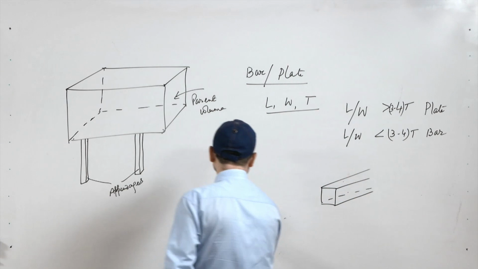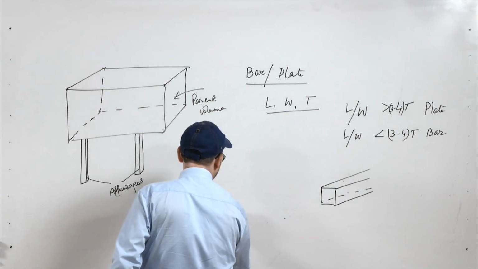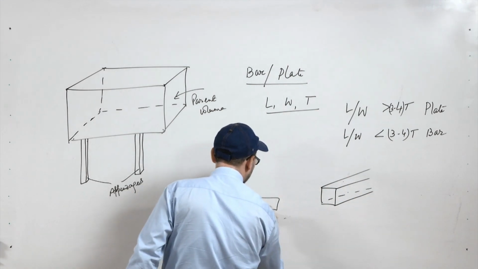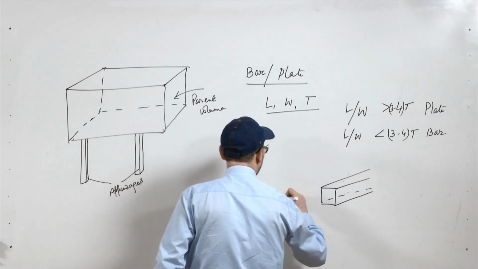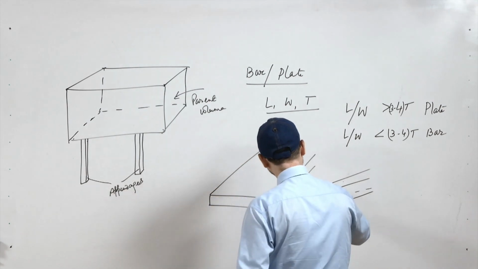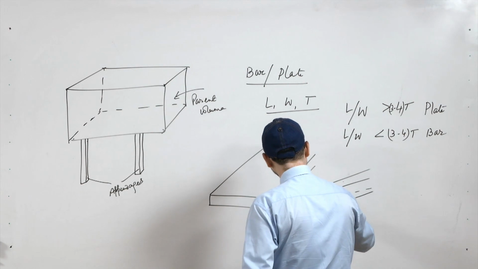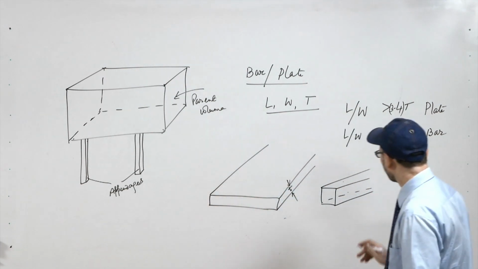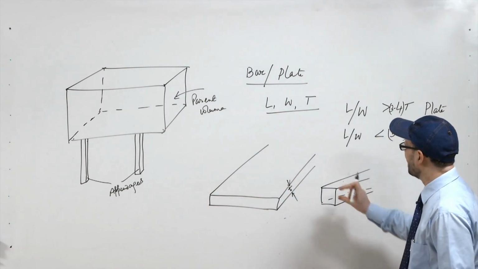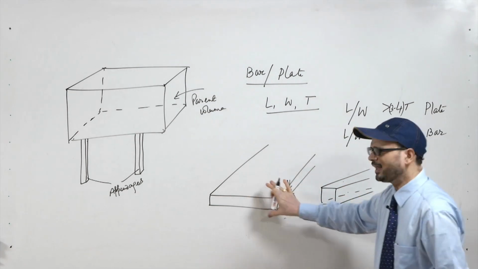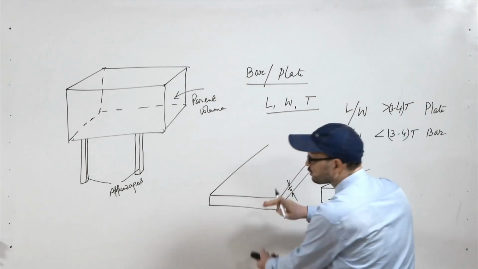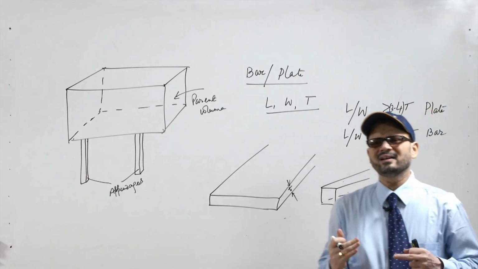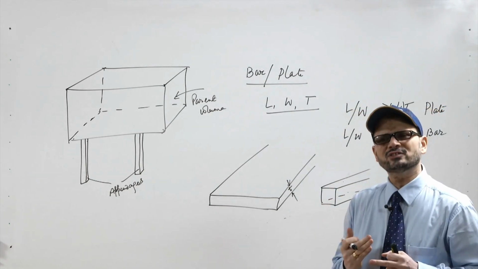In a plate you will normally have the thickness very small and then the length and width quite large. So this will be the thickness, whereas in the bar the thickness is this much. In the case of plates, effectively you have only 2 surfaces from where the heat extraction takes place.